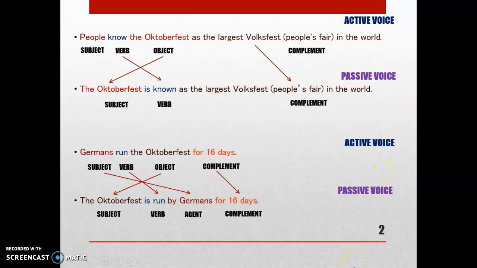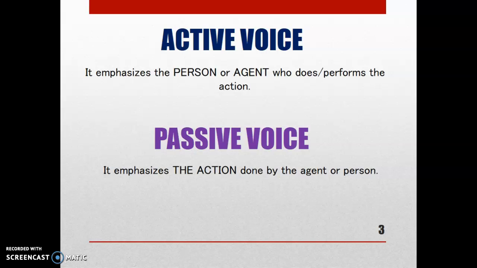So what is the difference between active and passive voice? Well, the difference is that the active voice emphasizes the person or the agent who performs the action, the doer of the action, while the passive voice emphasizes the action itself, the action done by the agent or the person.